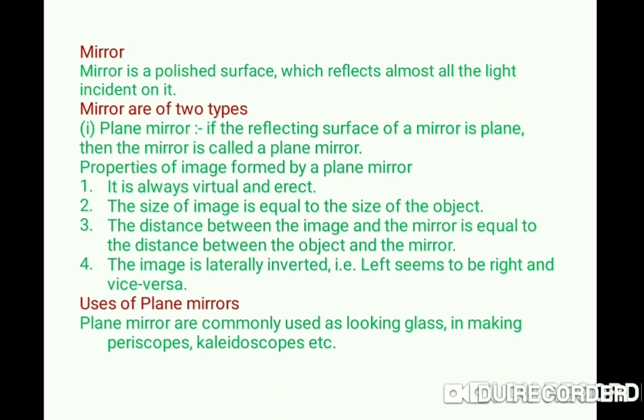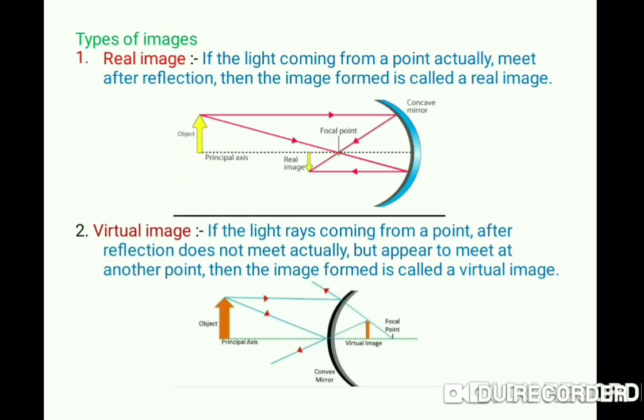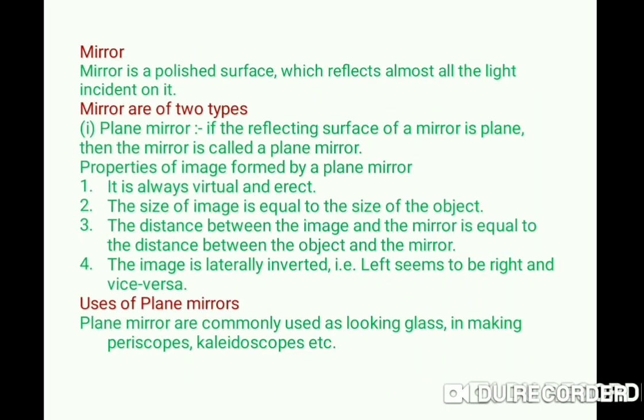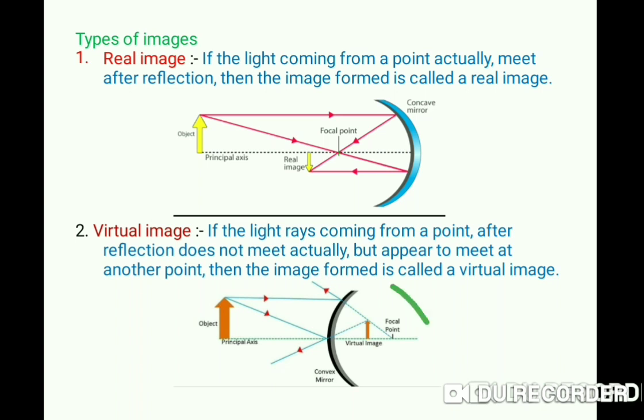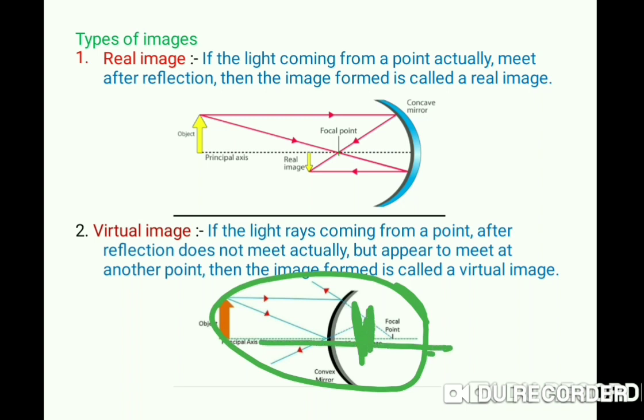Properties of images formed by a plane mirror. First, it always gives a virtual and erect image. We have already seen in the previous slide what a virtual image is. See in that virtual image, it is upright above the principal axis.